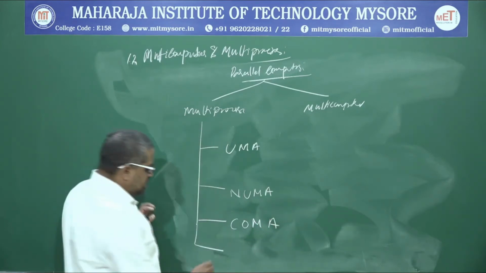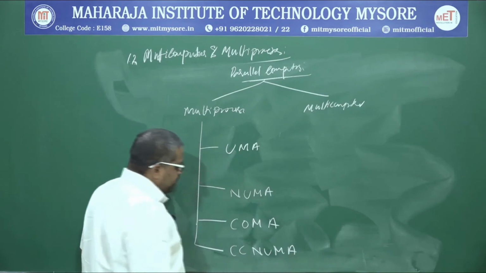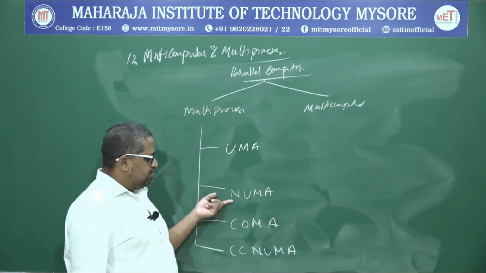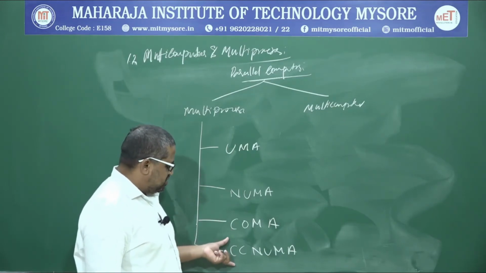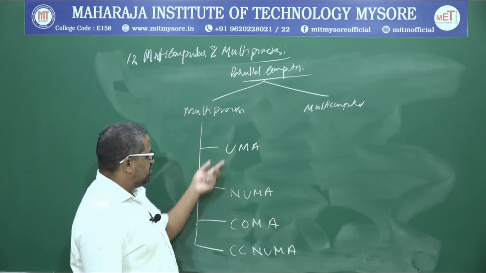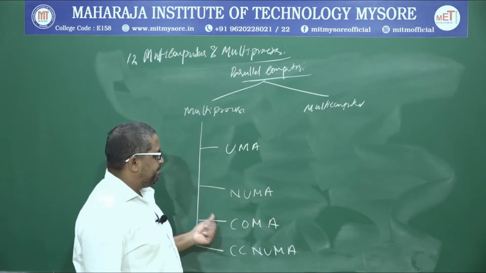These are the 4 models: UMA, NUMA, COMA and CCNUMA. Your book has just made a mention of CCNUMA, but a detailed discussion is made about UMA, NUMA and COMA.